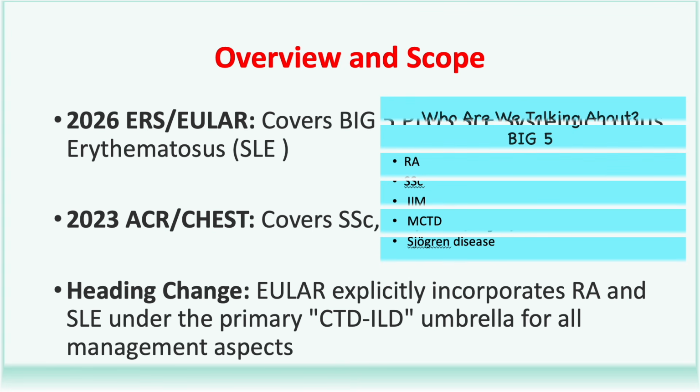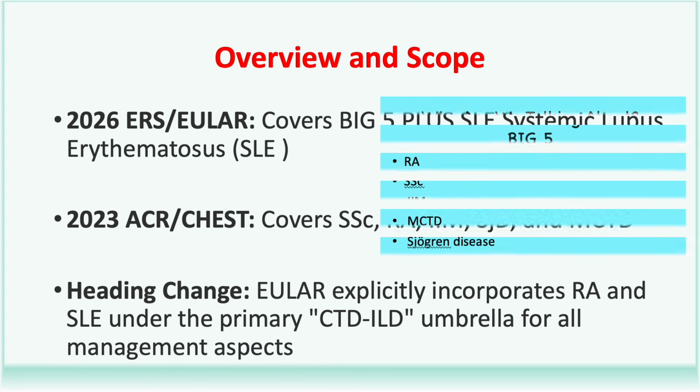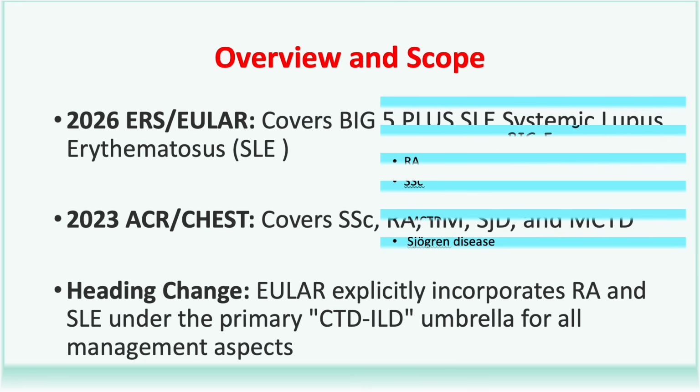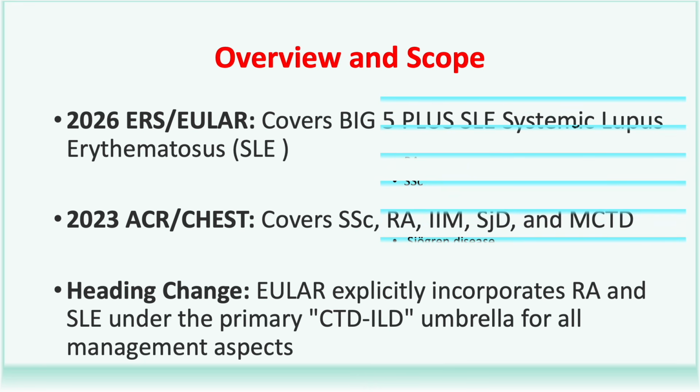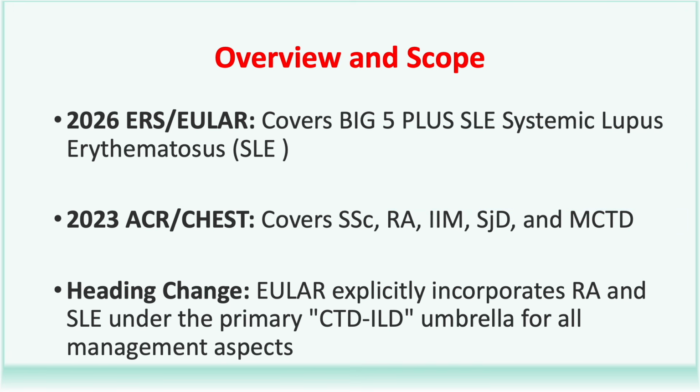So, to add on that, SLE has been included, and although this guideline does mention SLE, it's important to understand that the task force has not given SLE specific recommendations for screening or baseline risk assessment, because even though they've added SLE, the evidence is not very strong. So that one has to keep in mind.